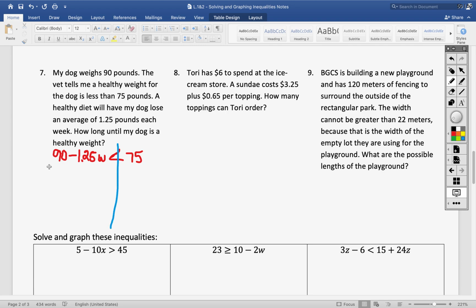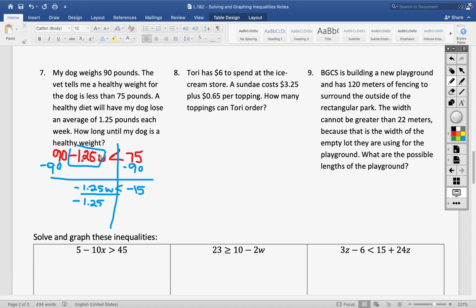Drop my line, box my variable term, opposite operation. That's negative 15 divided by a negative. There should be an alarm going off in your head. Why? Because we just divided by a negative. The coefficient with the variable is negative.